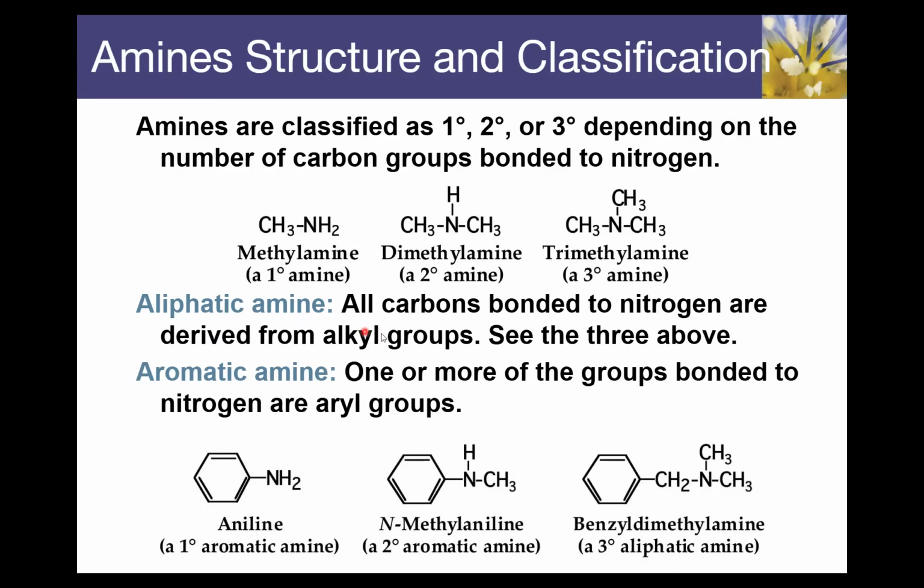Now, in aliphatic amines, all carbons bonded to nitrogen are derived from alkyl groups. But an aromatic amine has one or more nitrogen bonds to an aryl group. And an aryl group looks just like this.